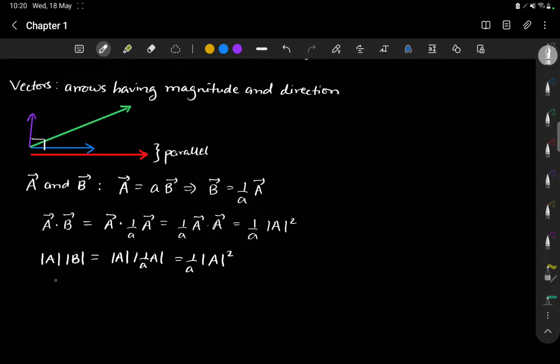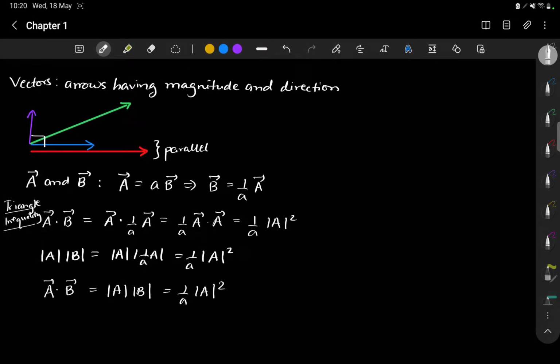So A dot B is equal to mod A times mod B. So the equality is being satisfied in the Schwarz inequality for such a case of parallel vectors.